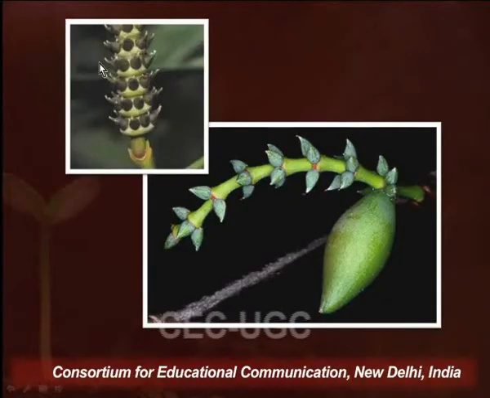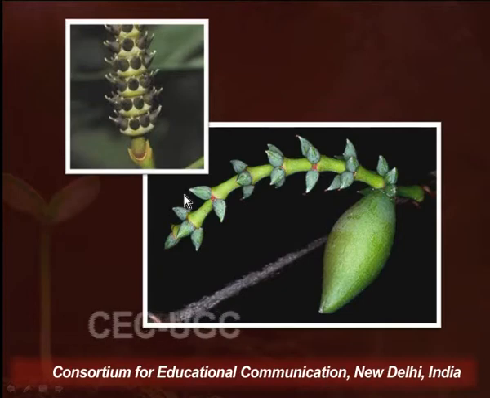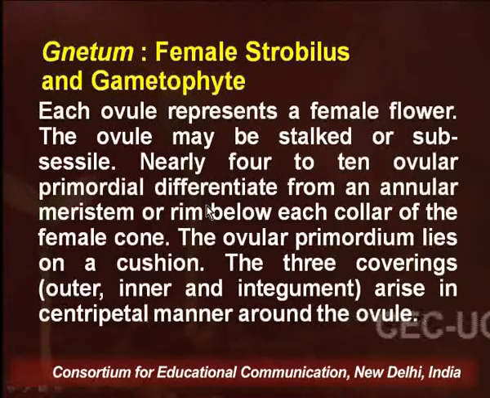In Gnetum gnemon, the female strobilus possesses pairs of opposite sheathing bracts, in the axils of which are present 5 to 6 whorls of ovules in each whorl. Here we can see the female strobilus in this diagram, and after maturity they have a very distinct mature ovule. Each ovule represents a female flower.